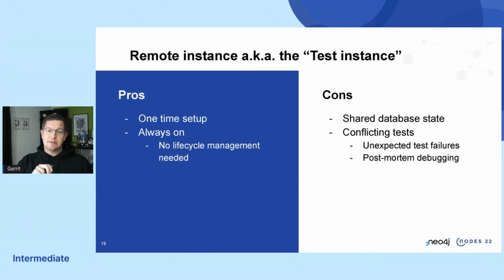And I will then do this post-mortem debugging I've spoken about, connect to the local machine manually, to the remote machine manually, and check for those 3 nodes that were not there for my test case. I will see those 3 nodes, and I don't know what went wrong. I don't know who did this, etc. I can just assume it was interference with another test, another machine that's running the very same test, but I cannot be sure. So the only thing you're left with is some kind of uncertainty. And that's not a good feeling, I think, if your test then runs green if you run it again.